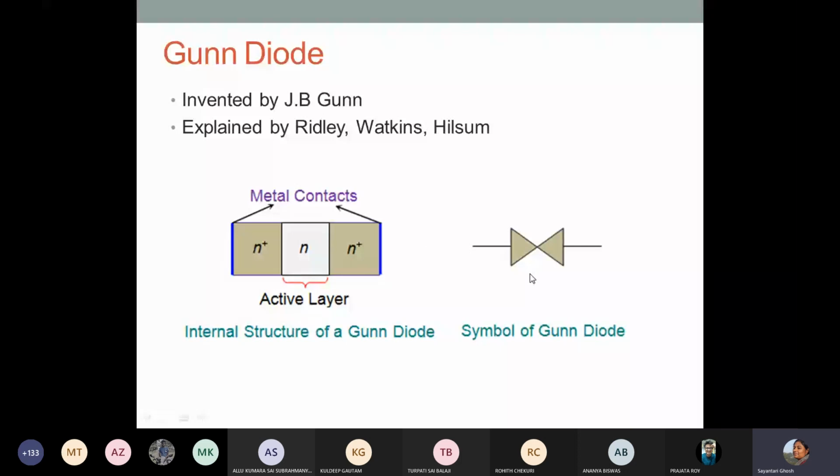How it works, what the working principle is, why we need specifically some compound semiconductors, all these details we will discuss in the next class. Today's class was mostly about mathematically incorporating the idea, a deeper understanding of negative resistance, and distinguishing between the different types of negative resistance that we have.